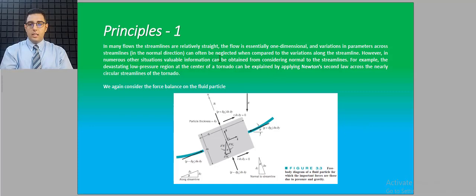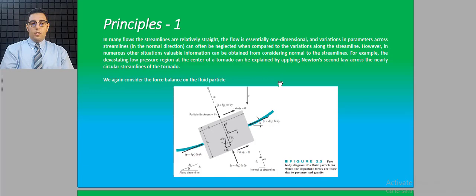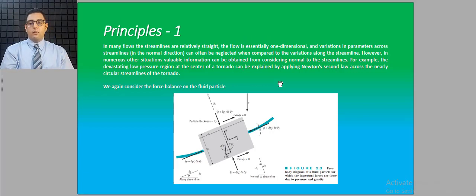In this session, we're going to talk about the forces exerted on a flowing fluid particle normal to the streamline, which is more applicable in the devastating low pressure region at the center of a tornado, which is taken from Newton's second law across the nearly circular streamlines of the tornado.